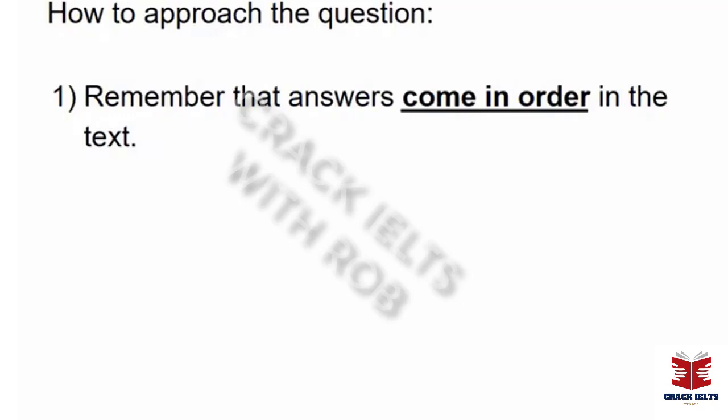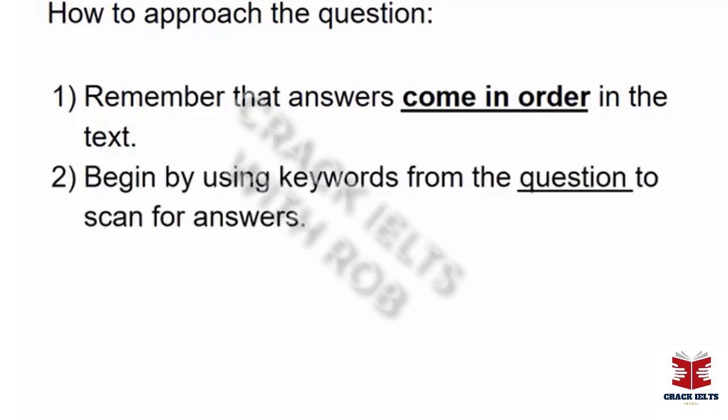So this is a wonderful clue to help you scan for answers. If you find an answer or 2 or 3 that you feel really confident about, then you can use those to help you search for the other answers that might be more difficult to find. A very helpful tip for multiple choice questions on IELTS reading.